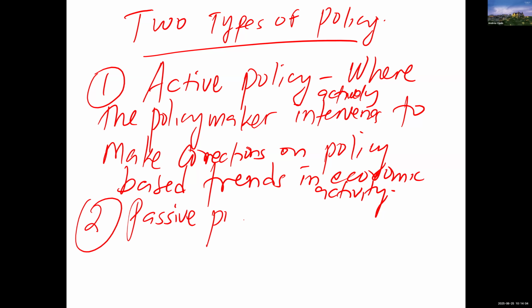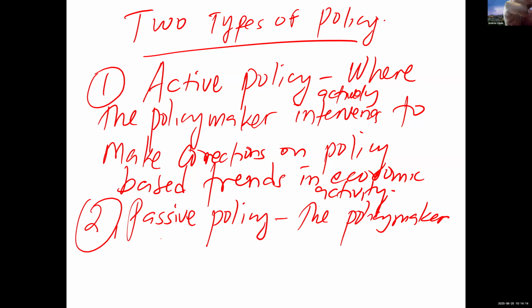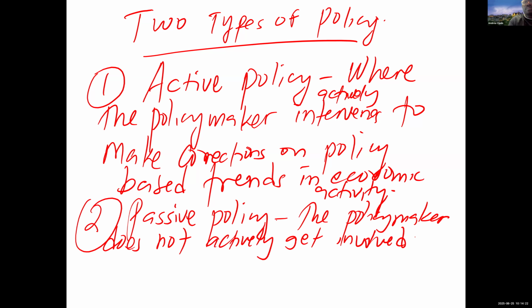Passive policy is basically more like a laissez-faire type of policy, where the policymaker does not actively get involved consistently in policy making, on policy changes. When economic circumstances change, they take a back seat and let the economy self-correct itself, more like a laissez-faire type of mentality.